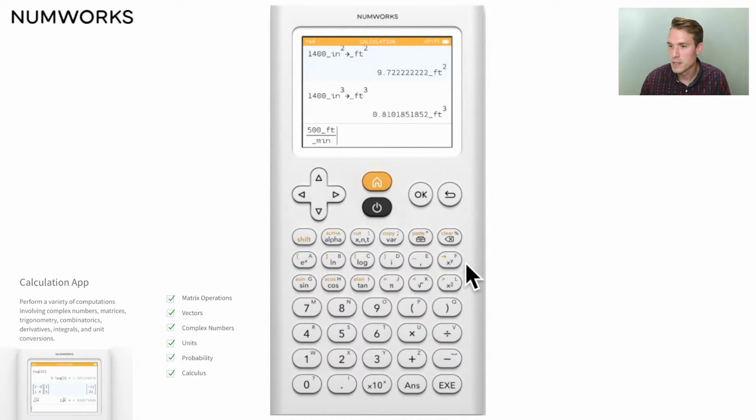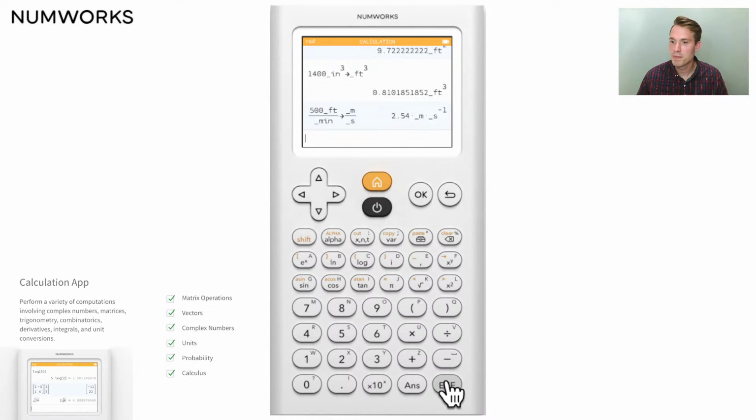And then we will convert that into meters per second. There we go, meters per second. So just taking advantage of the shift key to get the underscore and the alpha key to get the characters. So 500 feet per minute is equivalent to 2.54 meters per second.